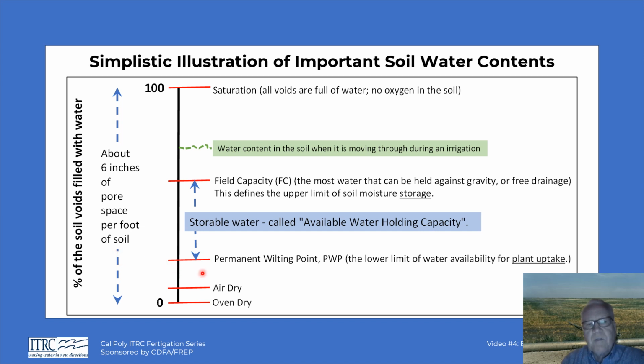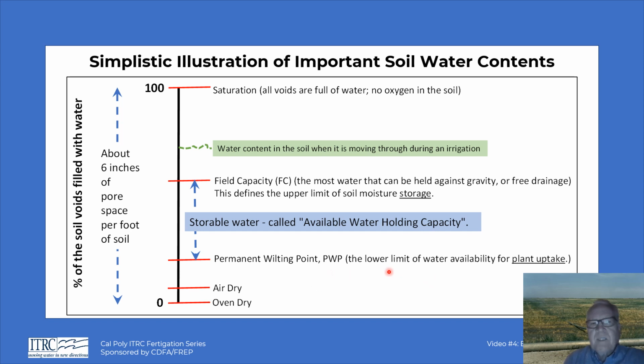Now it's a question of how much of these pores is filled with water. And oven dry means nothing. Then we have air dry. It's not quite as dry as oven dry. And don't worry about whether this is 5% or 6% or 3%. This is conceptual here. Moving up here, if you get a little water in the soil, you have a point called permanent wilting point.